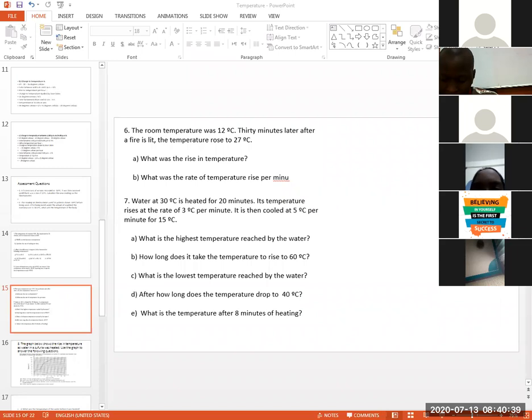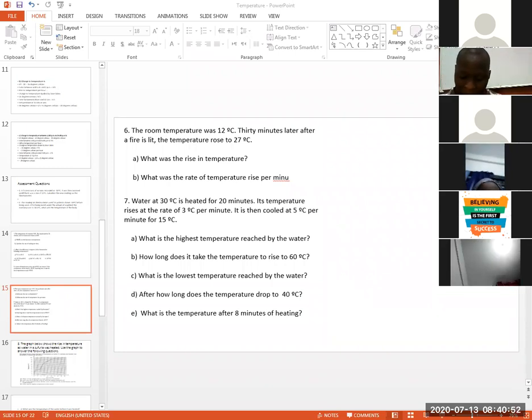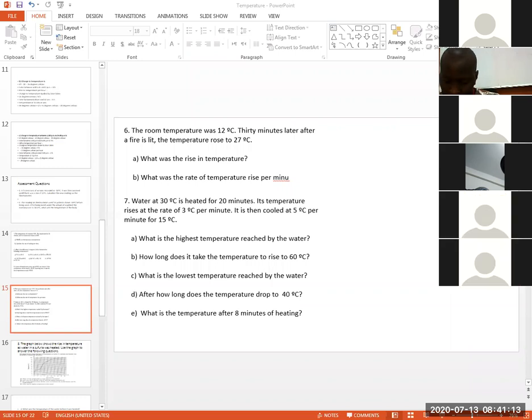Nasra Awil. Zakaria Mohammed. Zakaria Mohamud. Present. Abdibari Hussein. Present. Abdibari, are you there? Yes. Hanan Ali Dair. Abdishakur Mohammed.